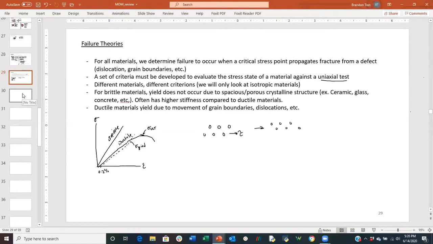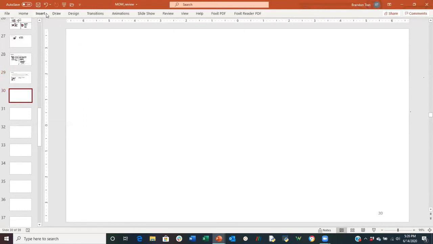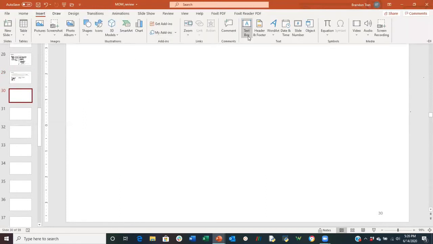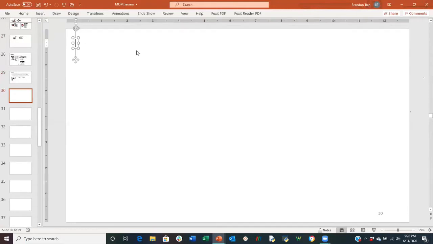All right, so now we're going to go into the actual failure theories themselves. We're going to start off with brittle materials, which is essentially straightforward.